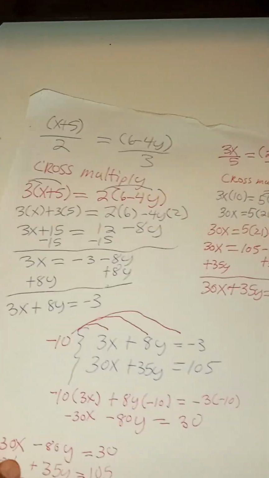So let's get started. So negative 45y is equal to 135.